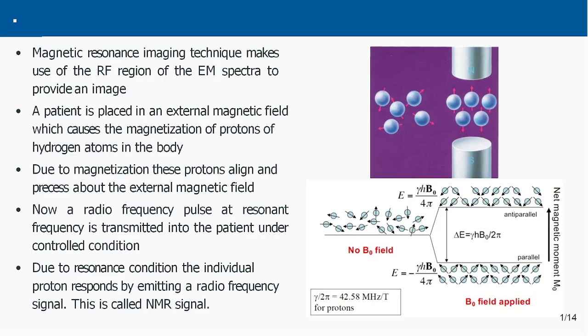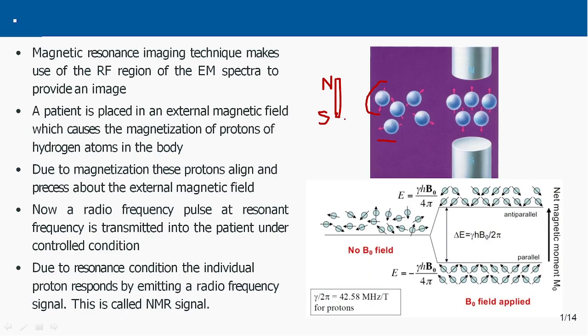But they are randomly aligned. You can see here, these protons are randomly aligned. Each magnetic dipole is just like a bar magnet, north and south, and they are aligned randomly.